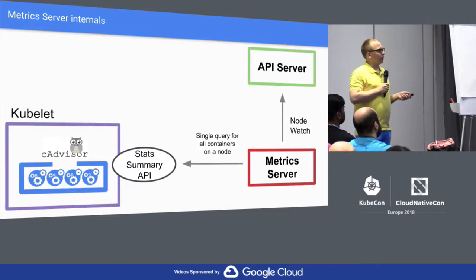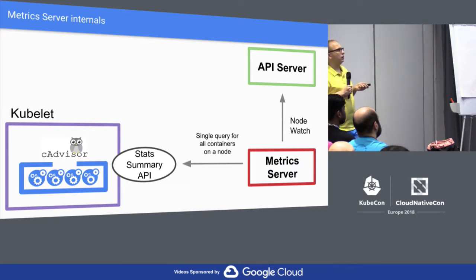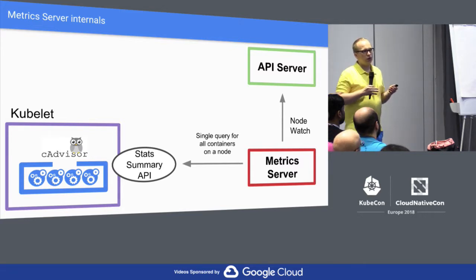So what's going on in the metric server? Metric server periodically scrapes summary API endpoints on every single kubelet, then performs some aggregation. It enriches those metrics with metadata. The metadata comes from API server, so there is a watch on the API server.